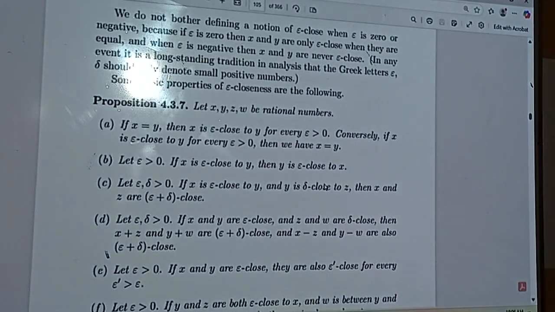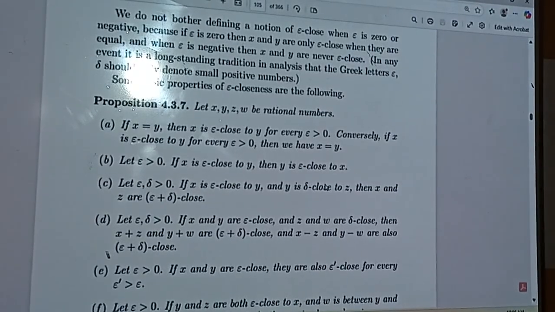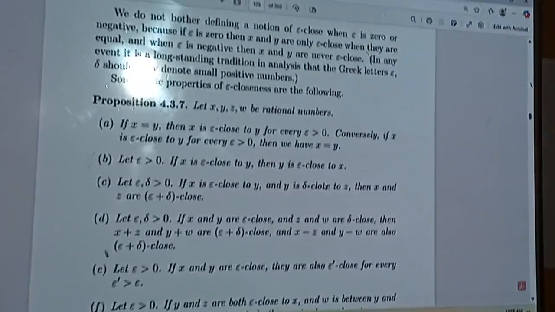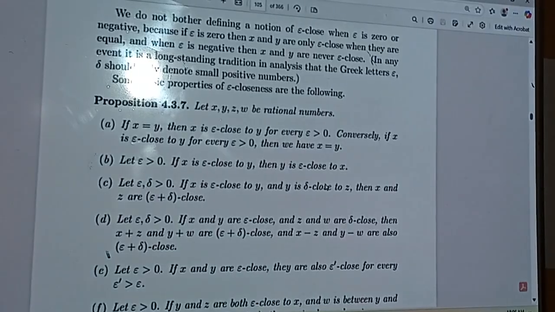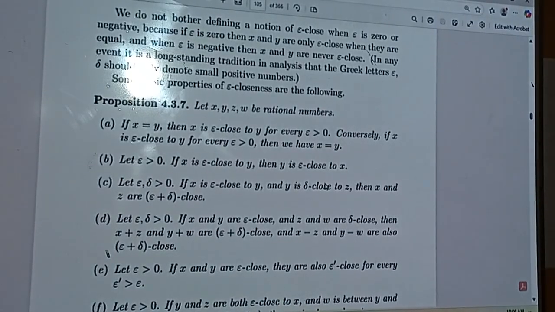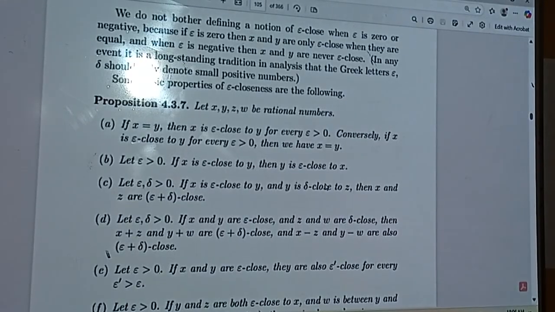Now, even part E. Let epsilon greater than 0. If x and y are epsilon close, that is d(x,y) is less than or equal to epsilon. He writes d(x,y), I cannot remember, mod of x minus y. Which one does he write? Same thing, d(x,y). Because I am reading and sometimes forget. If x and y are epsilon close, they are epsilon dash close for every epsilon dash greater than epsilon. Again obvious, no?